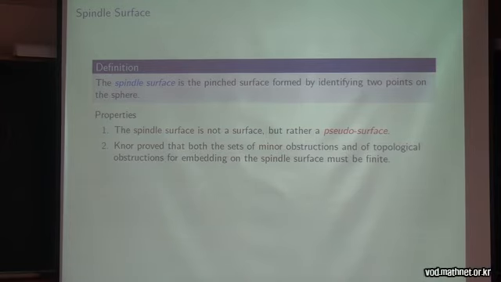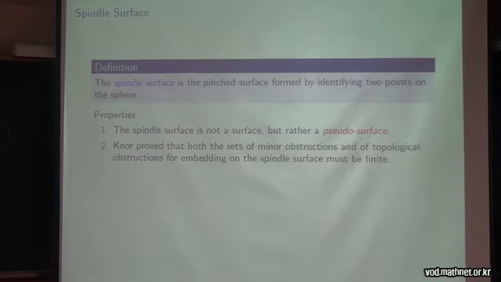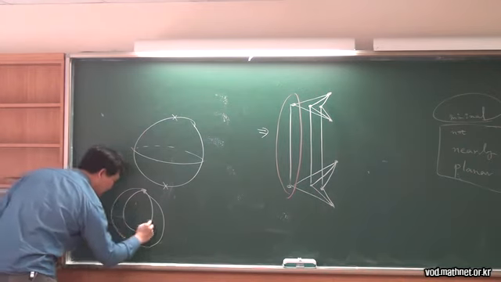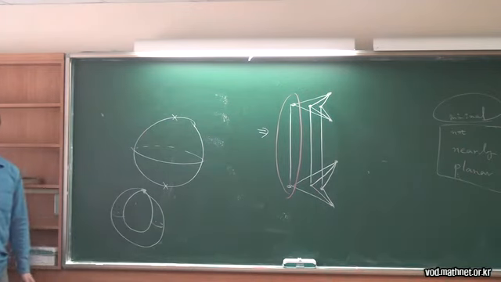Yeah, a spindle surface is a pinched surface formed by identifying 2 points. What I'm saying is, in S2, identify the north pole and south pole. And after identifying 2 points, you get a weird surface.